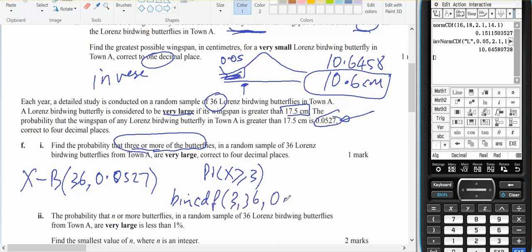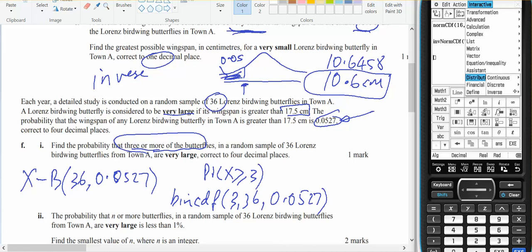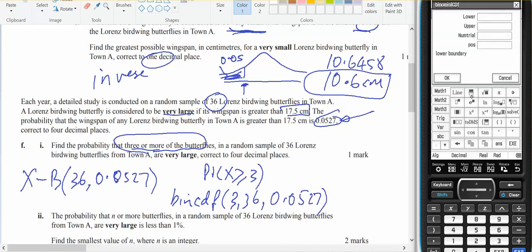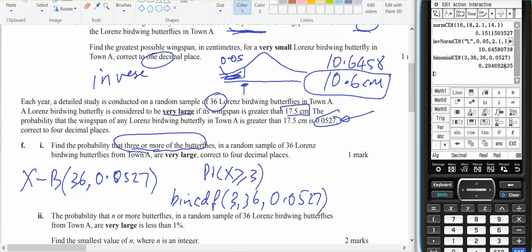Now I'm jumping into discrete binomial CDF, and the lower is 3, the upper is 36, the number of trials is 36, and the probability of success is 0.0527. So 0.294692, which to 4 decimal places becomes 0.2947.